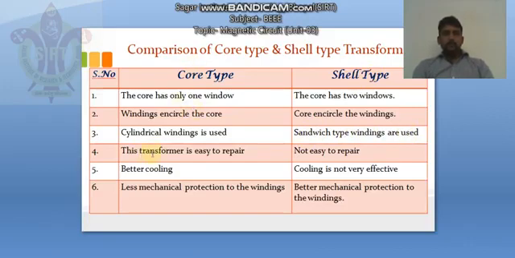Core type transformer is easy to repair, but shell type is not easy to repair. Core type has better cooling, but in shell type cooling is not very effective. In core type less mechanical protection to the winding, but in shell type better protection to the winding.